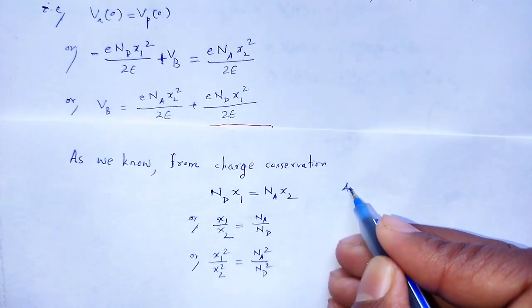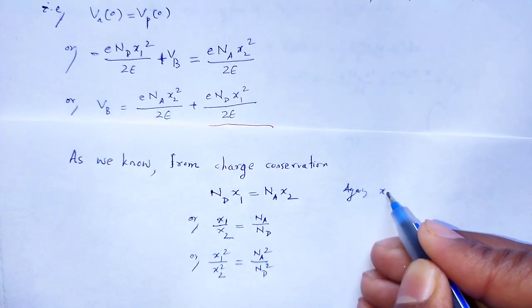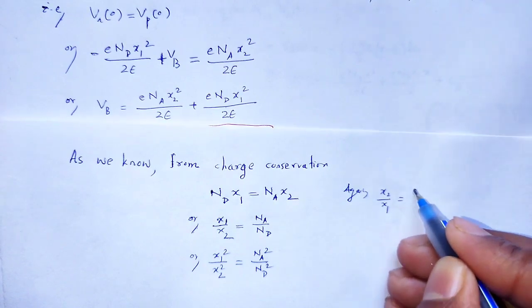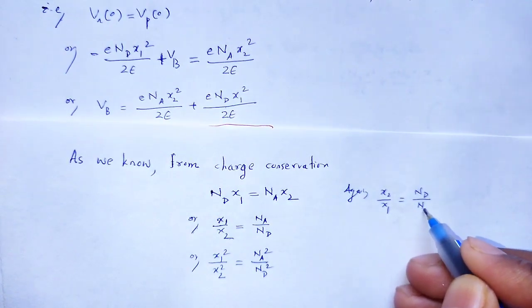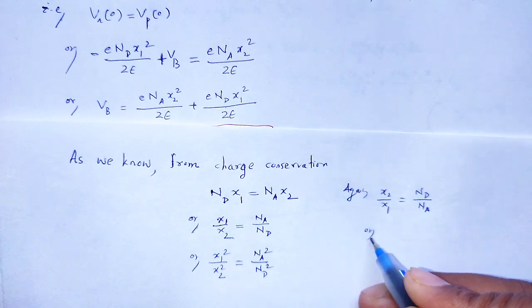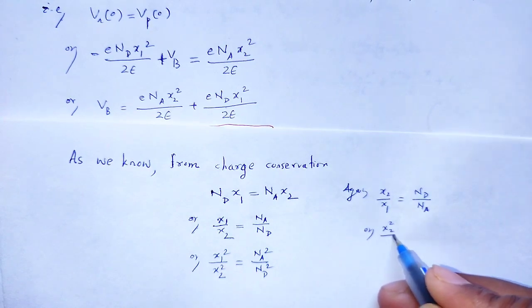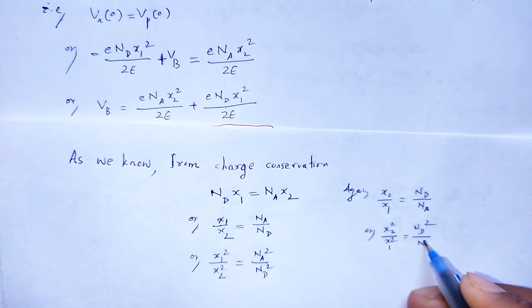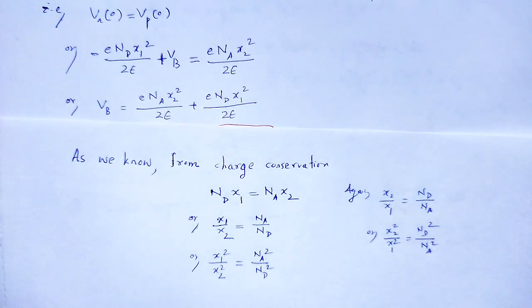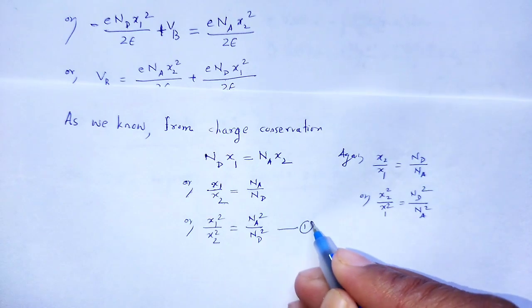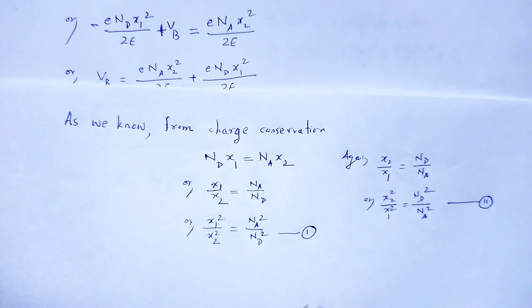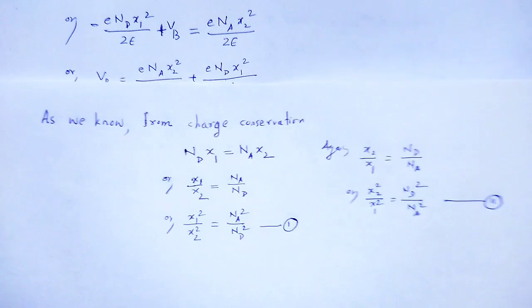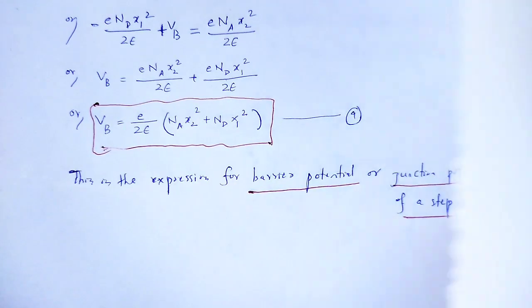Again, x2 by x1 is equal to Nd by Na, or x2 square by x1 square is equal to Nd square divided by Na square. These two expressions we can use by transferring that equation number 9.